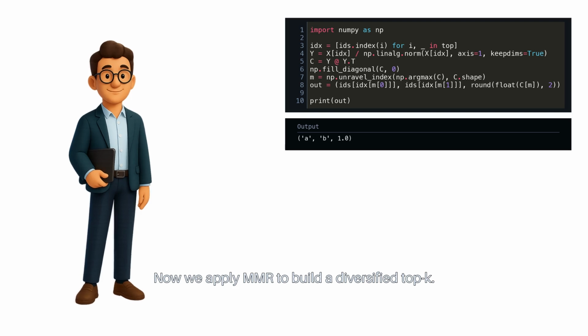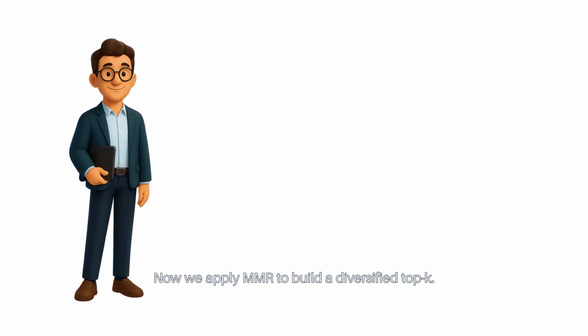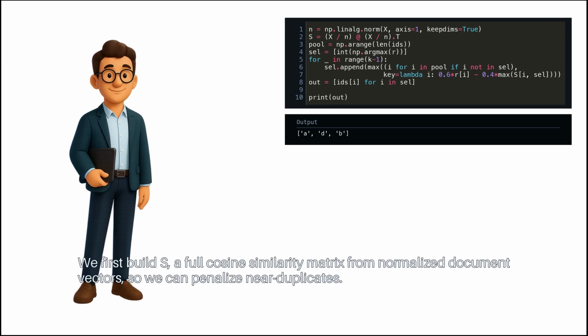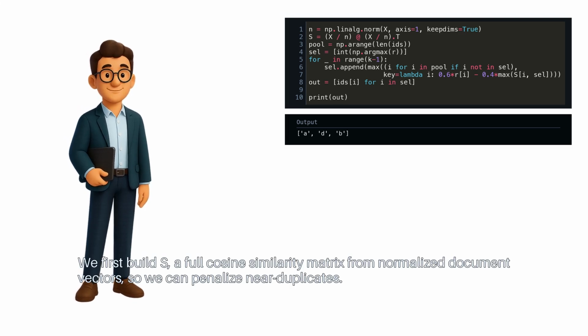Now we apply MMR to build a diversified top K. This snippet applies MMR to pick a diversified top K. We first build S, a full cosine similarity matrix from normalized document vectors, so we can penalize near duplicates.